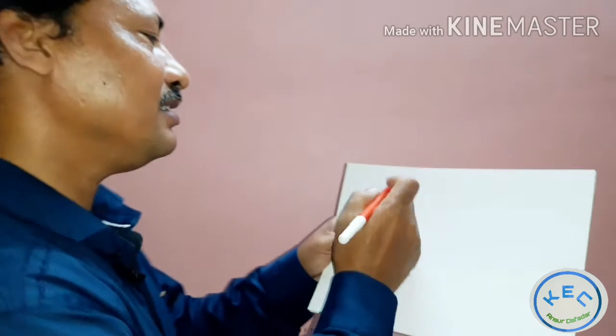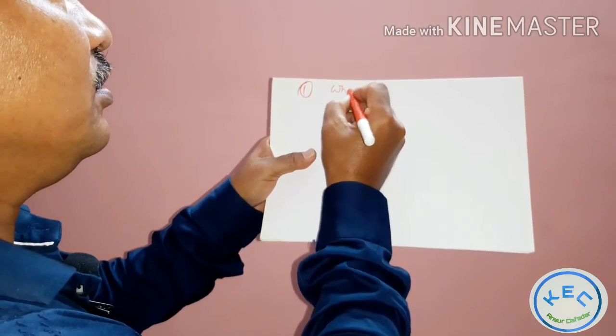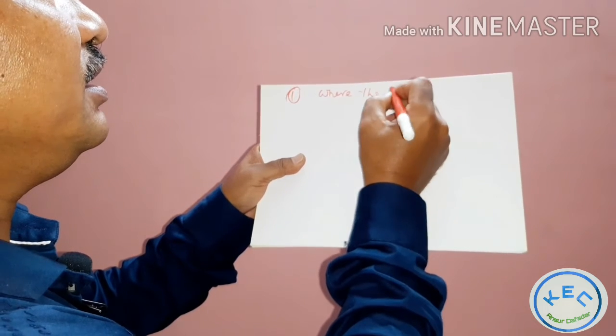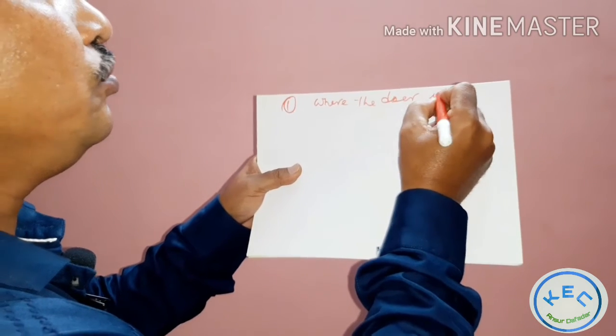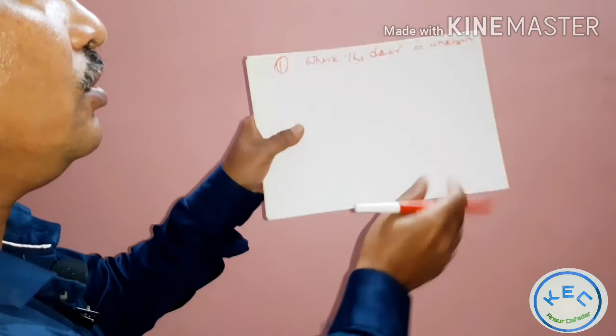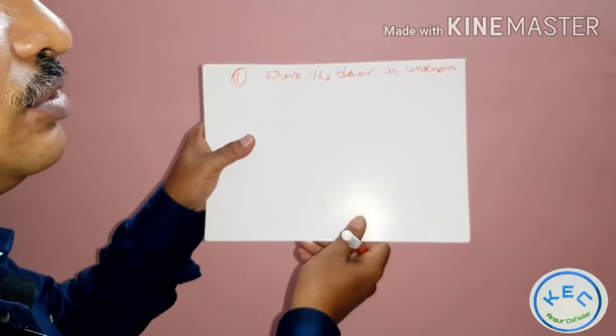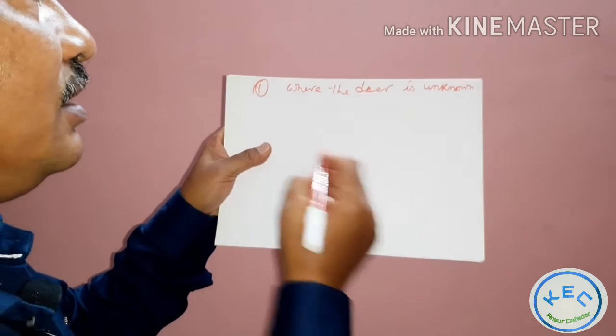So the first case is where the doer is unknown. When the doer is unknown, we have to use passive voice sentences.